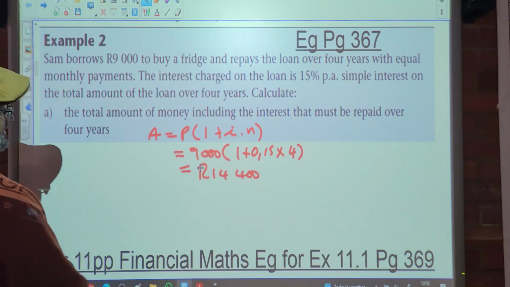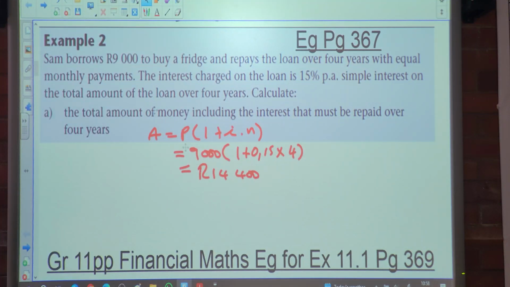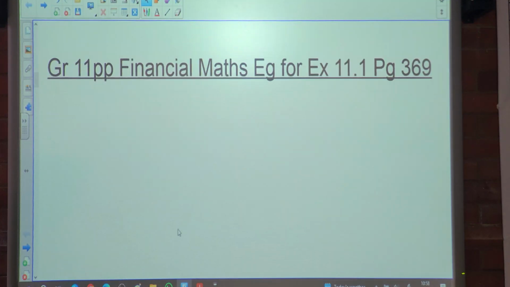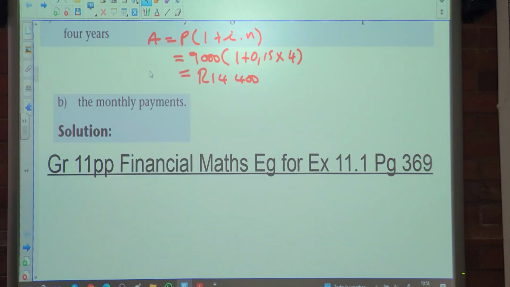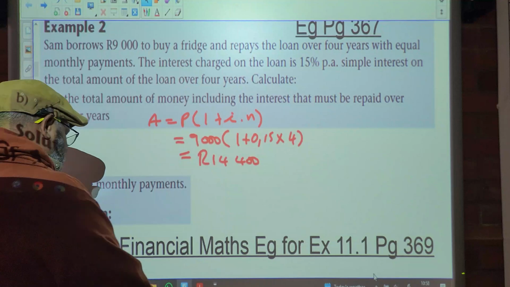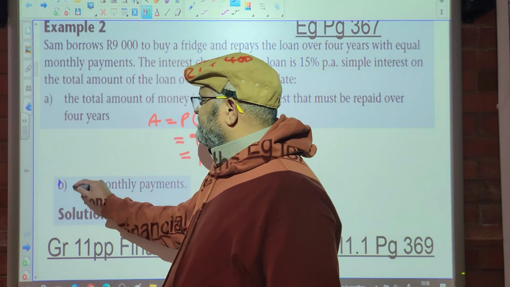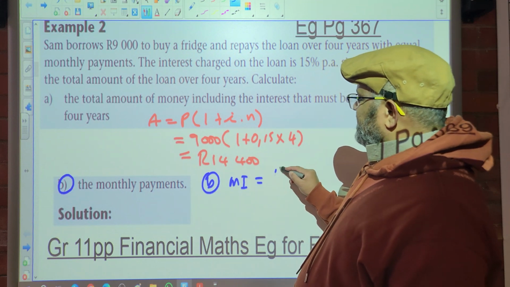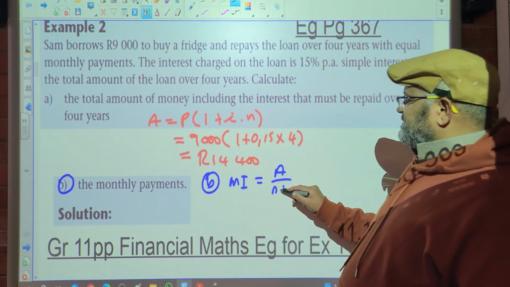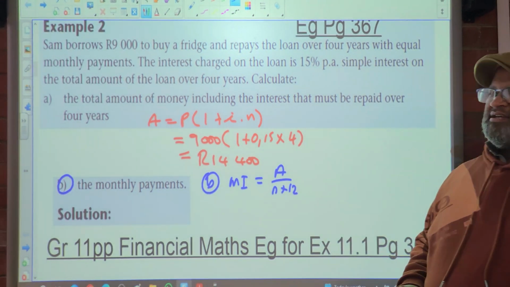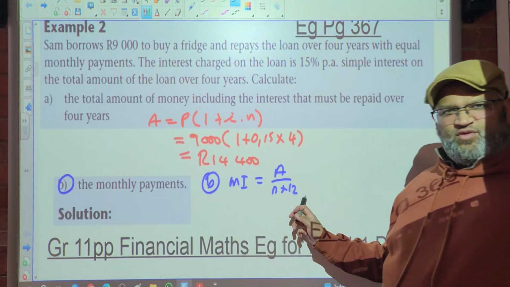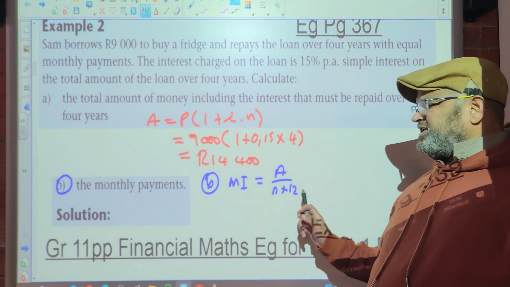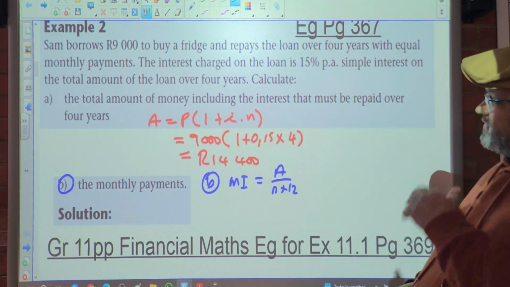Okay. So that's inclusive of the interest. To work out your monthly repayment, your monthly installment is simply going to be A over N times 12, because that's monthly. If it's quarterly payments, it's going to be times 4. If it's daily, times 365.